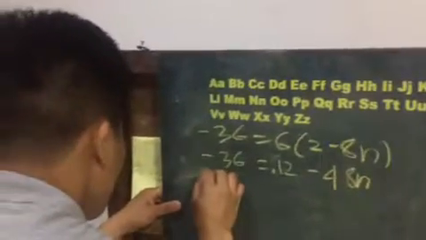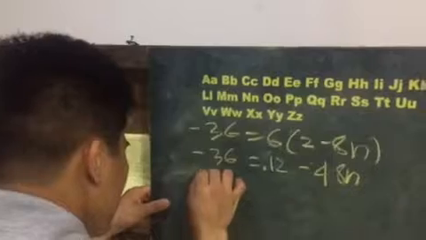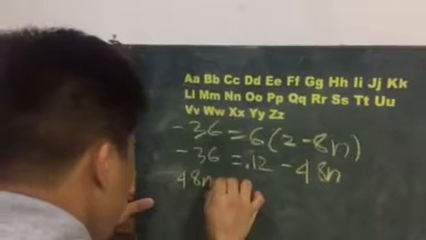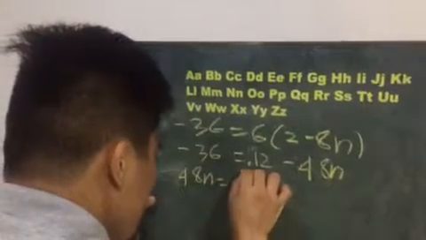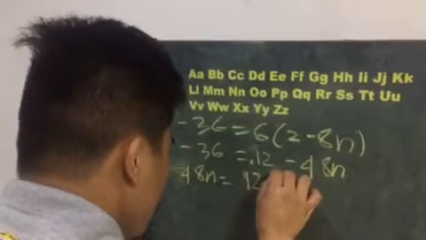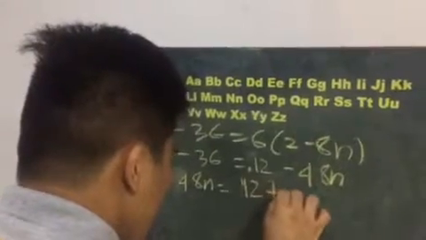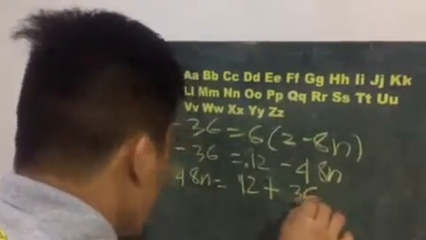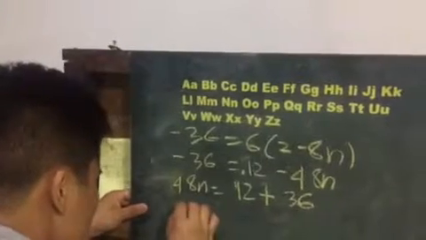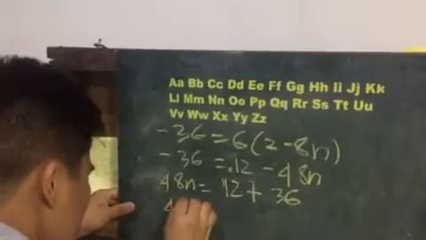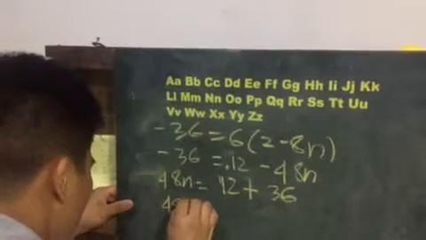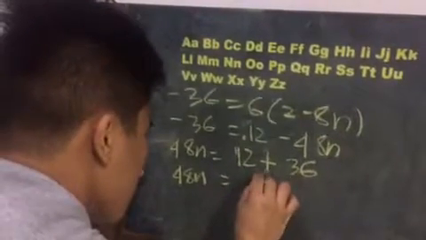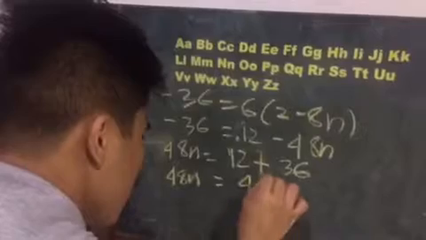So now, we will combine like terms in order to get the n. So we have 48n is equal to 12 plus 36. 12 plus 36 equals 48.